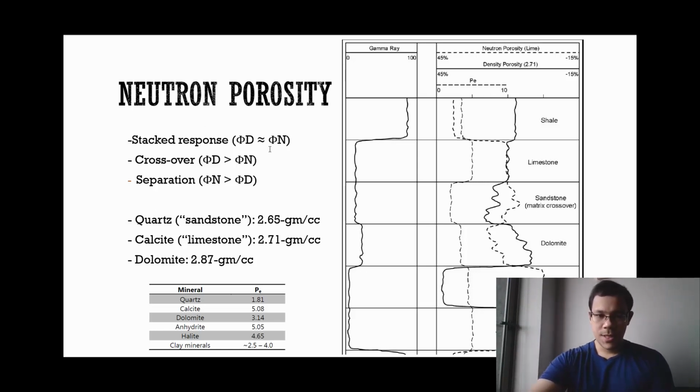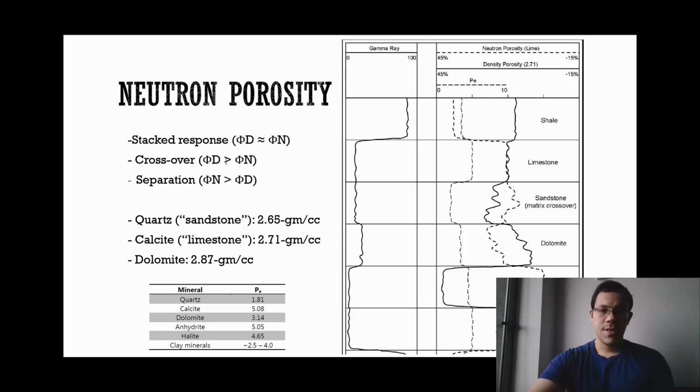A stacked response is when the porosity from your density tool and the porosity of your neutron tool read the same. That is referred to as a stacked response, like this one.